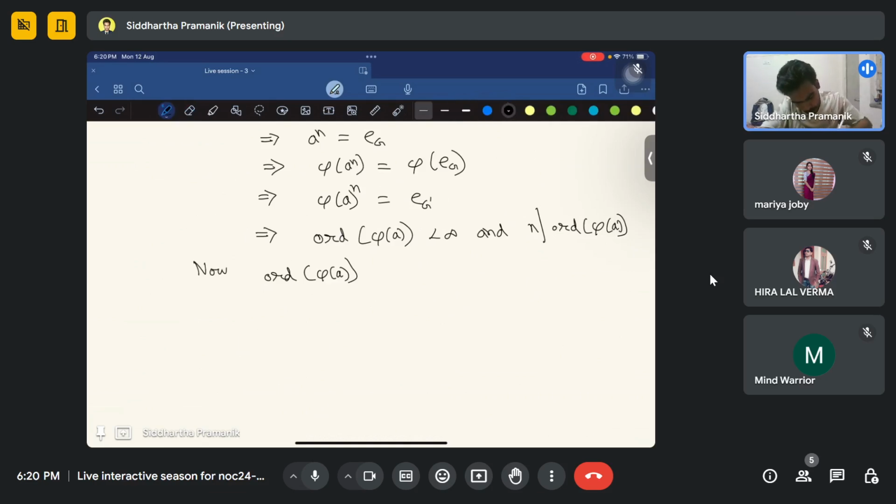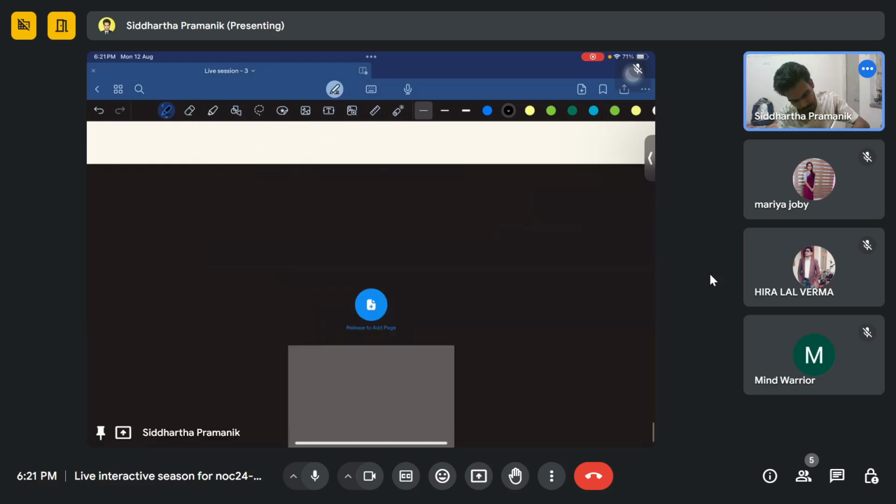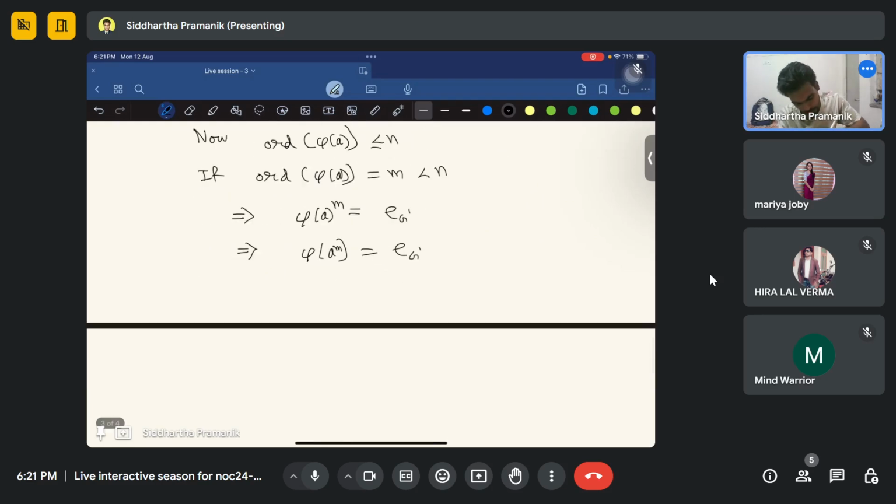So if the order of phi of A is, let's say m, and it is strictly less than n, then what happens? Then phi of A power m is the same as the identity of G prime, and that will imply A power m is the identity of G.